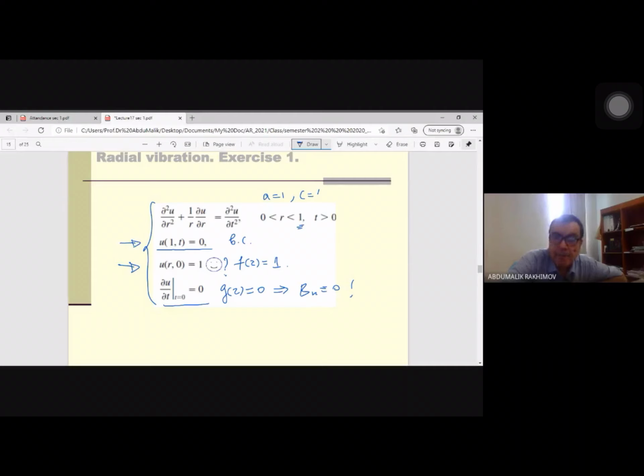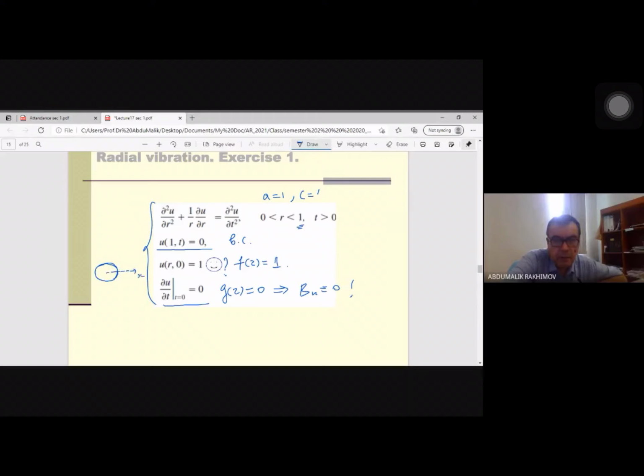Clear? This guy is smiling because he thinks it's not possible: you fix the boundary, but at the initial time all points are shifted to level 1. It looks like this. Let me just draw. Let's say this is your membrane, fixed at level 0.